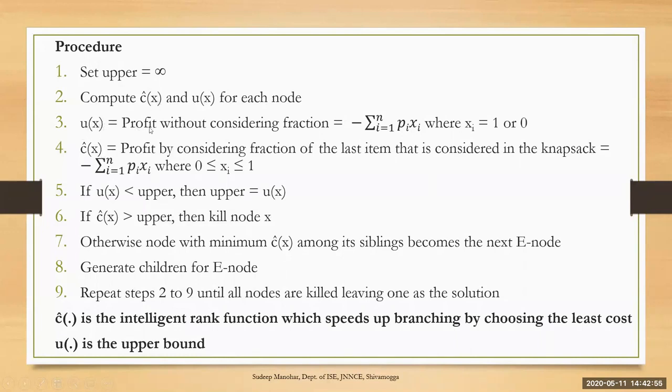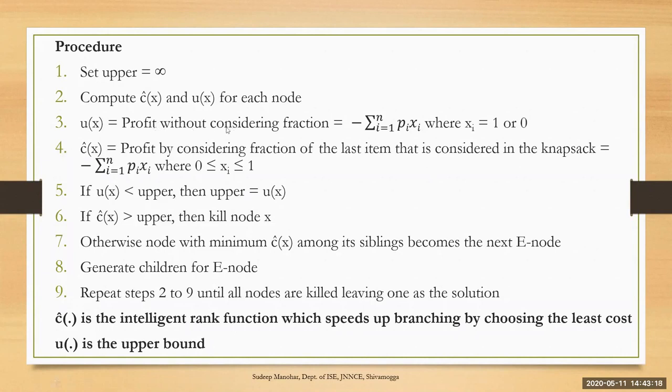U of x is the profit without considering the fraction. So in the knapsack, there are two cases. One case is you can put the items into the knapsack without considering a fraction of the item. That means all items are considered as full items, no fractional parts.